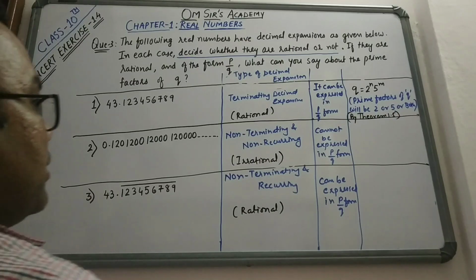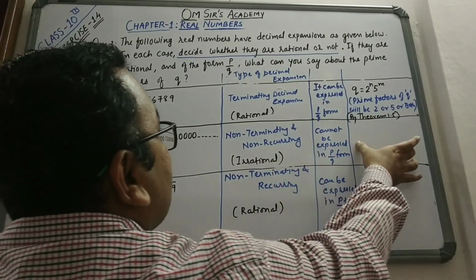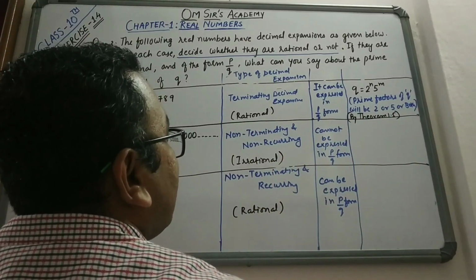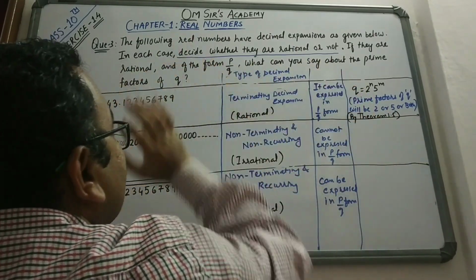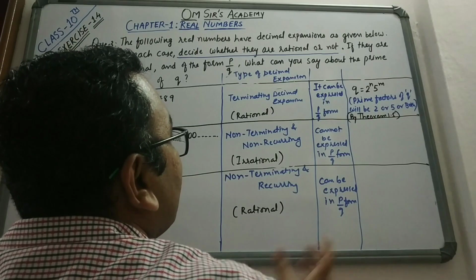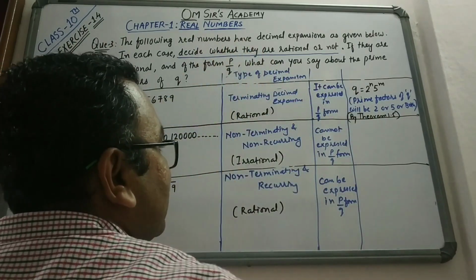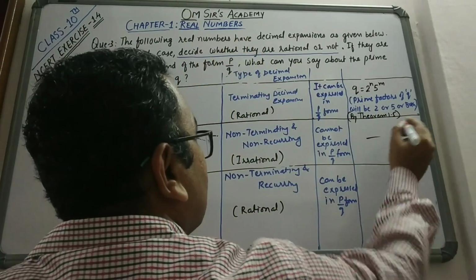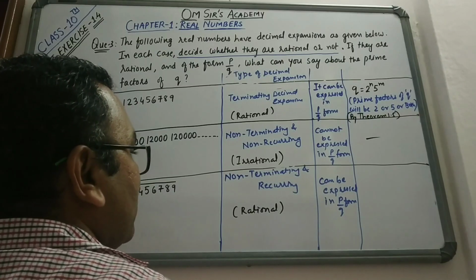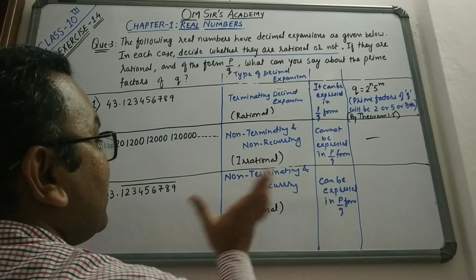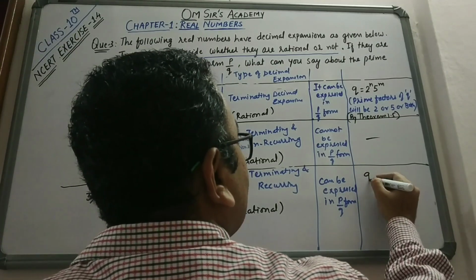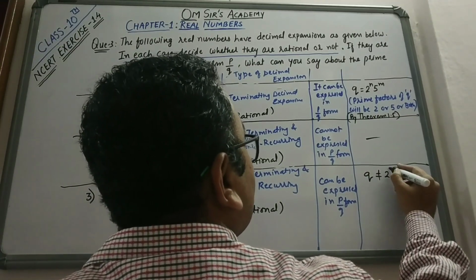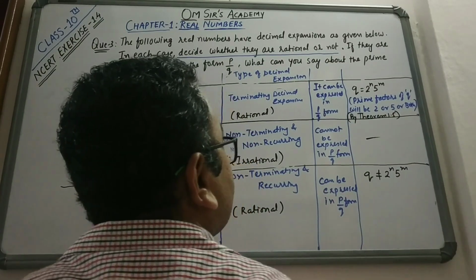Okay, then this cannot be expressed in P by Q form, so we don't need to answer the question about the factors of Q. We have to answer only if it can be expressed in P by Q form. So we will leave this blank. Okay, so here in non-terminating and recurring decimal expansion, Q will not be equal to 2 raised to n and 5 raised to m.